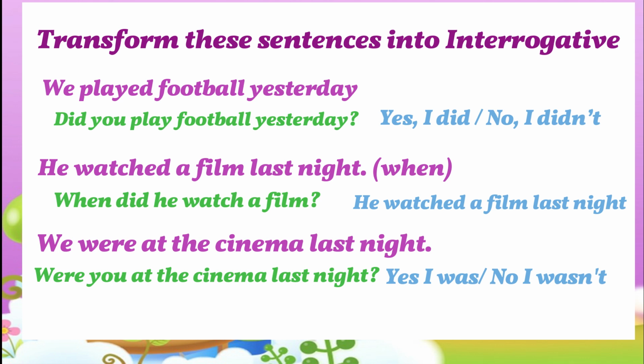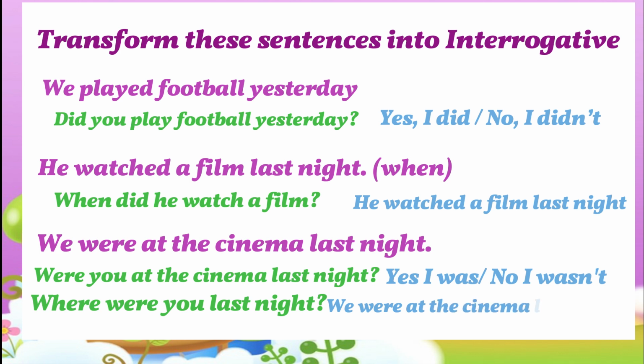Question, where were you last night? Of course, the answer, we were at the cinema last night. So with to be, inversion is made by to be itself. However, when we have other verbs, we need did plus the subject plus verb in its base form.